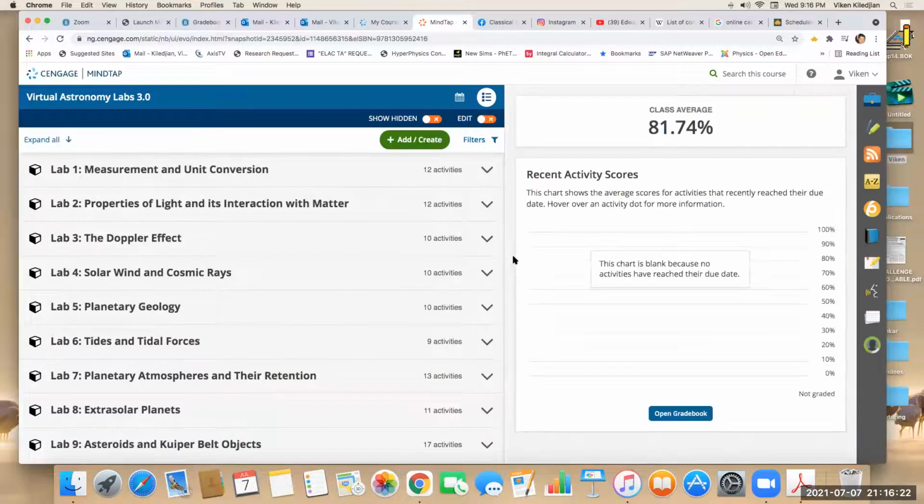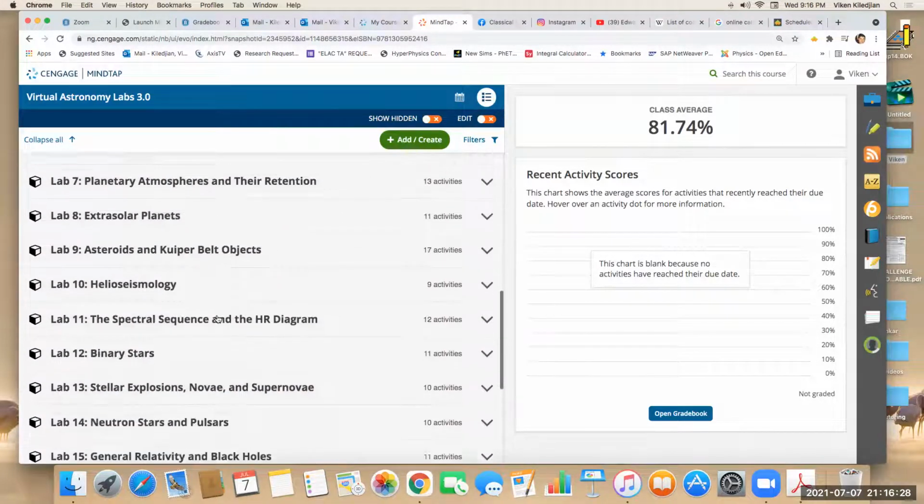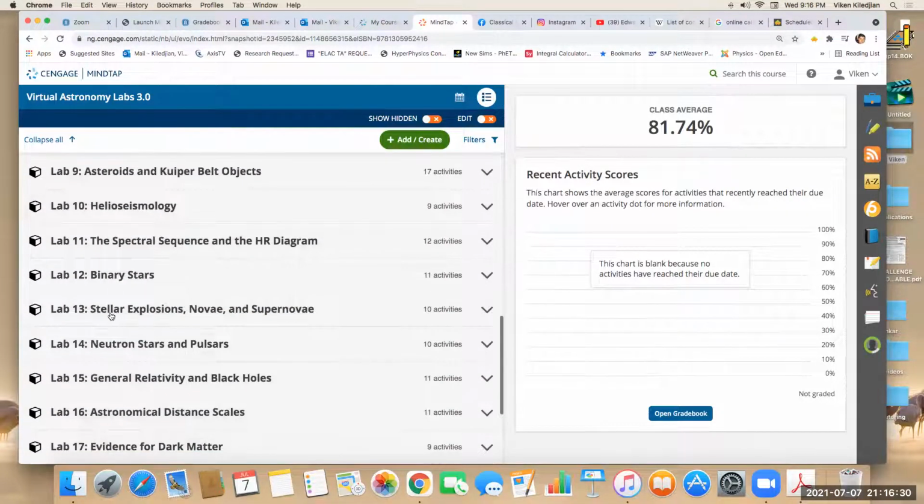Okay, here we go. So this one right here: stellar explosions, novae and supernovae.